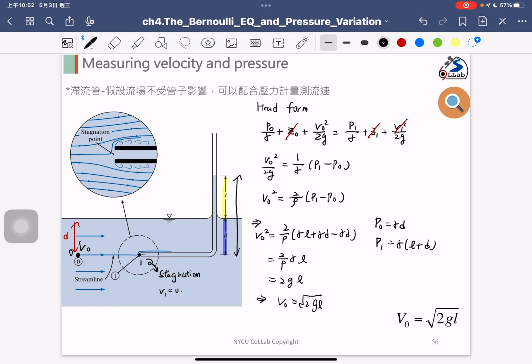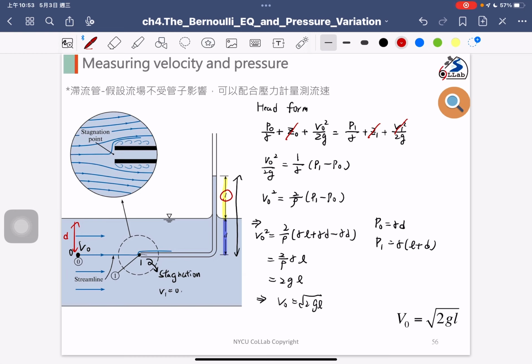After you derive the final equation, in the future you only need to identify how large the deflection height L is, and you can put this L into this equation and quickly determine the velocity in the flow field.